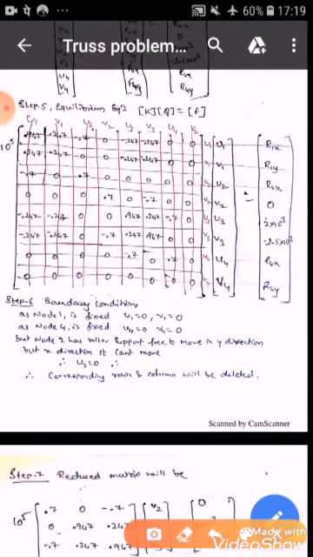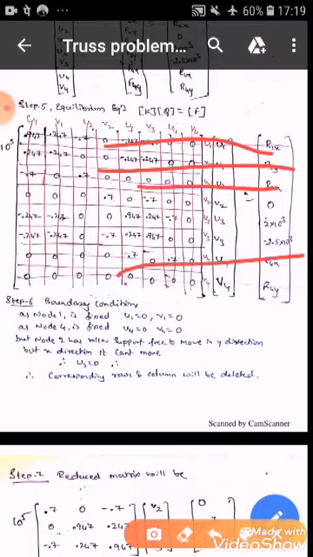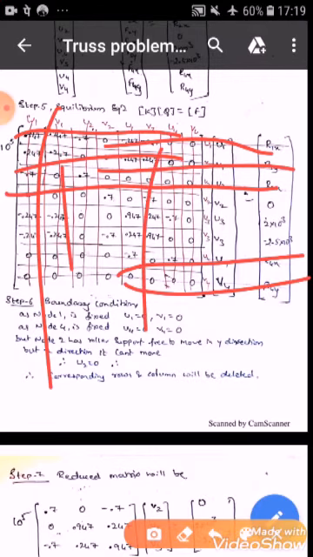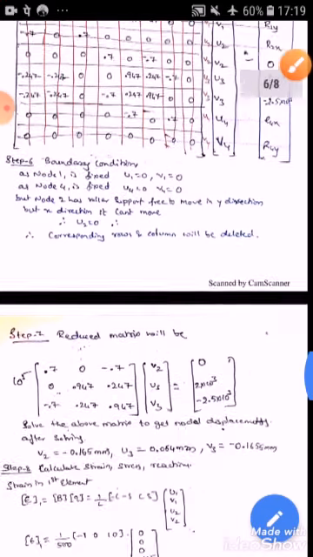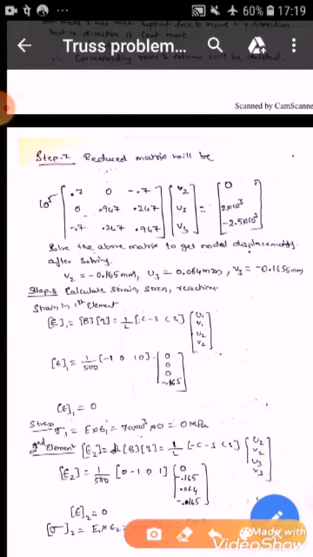So u1 v1, u2, u4 v4, those columns have to be deleted. We'll end up with a reduced size of matrix. That is in my step 7. Step 7, solve for unknown displacement.